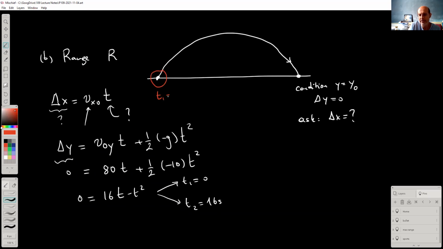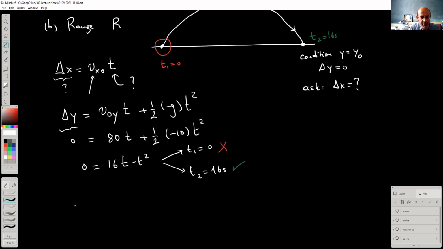At the time it is thrown, this is basically the initial point. And at the time it lands. So this is the solution that we want, obviously. I just wanted to repeat this. Then delta x can be written as, again, this should have been v0x.